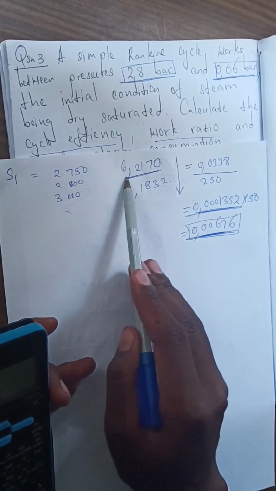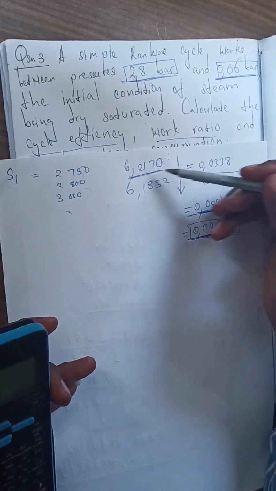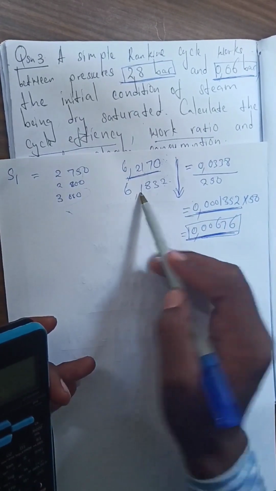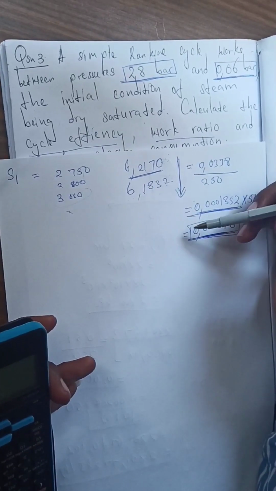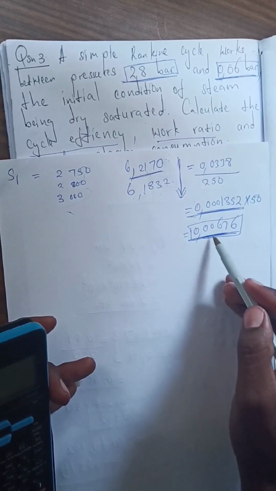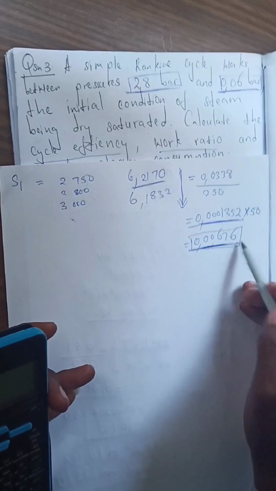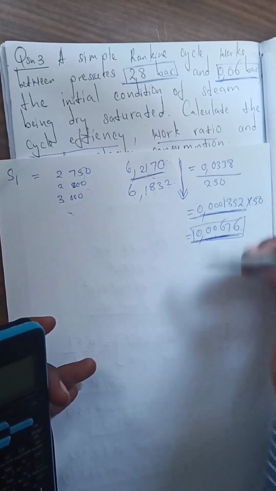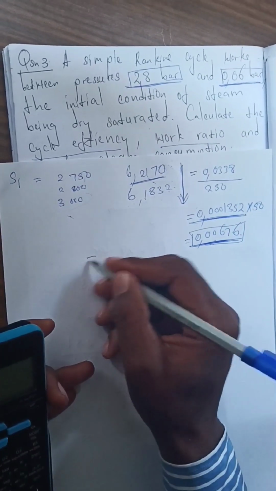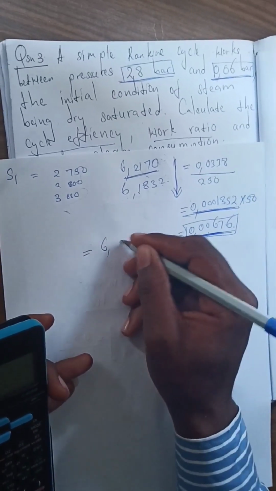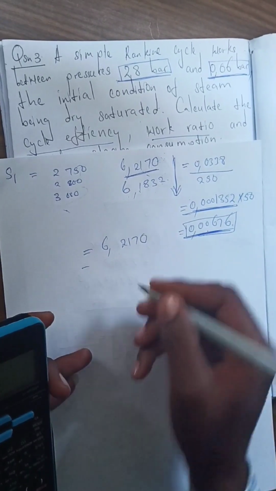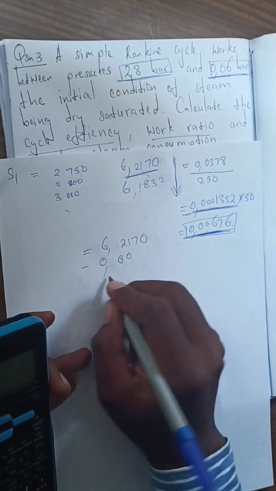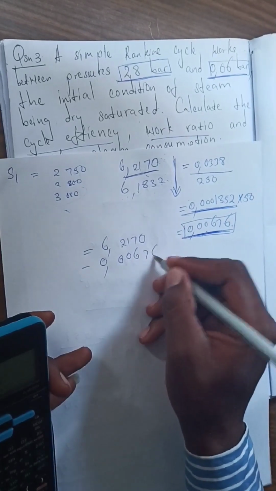Then after getting this value of the 50 gradual, we are not going to add here, we are going to subtract. Why? Because the pattern we are having is decreasing; this number is bigger than this, so the pattern is decreasing, it's not increasing. So we are going to subtract it now. We are not going to add because our pattern is decreasing. So here we are going to say 6.2170 subtract by 0.00676.